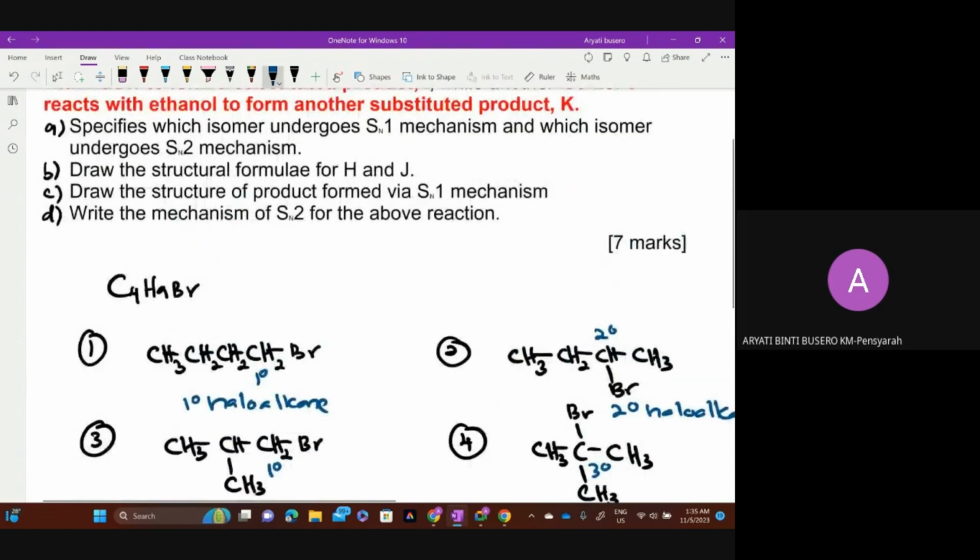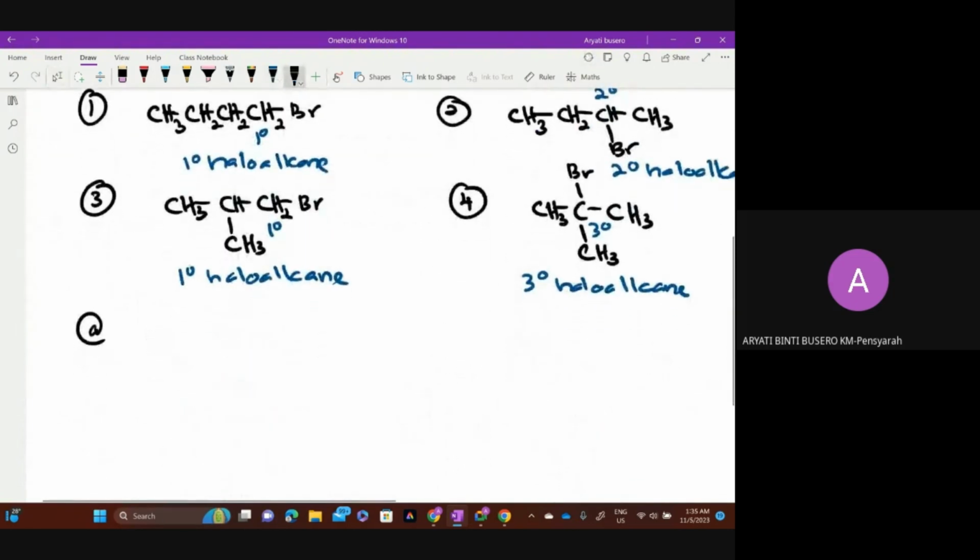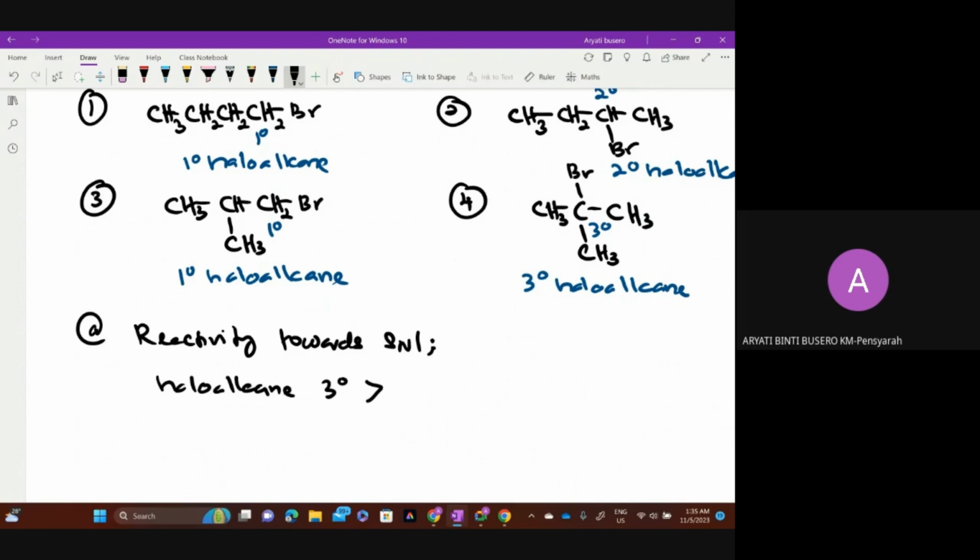Okay, for the first question, specify which isomer undergo SN1 mechanism. So kita tahu reactivity towards SN1 mechanism, the most reactive is tertiary haloalkane compared to secondary, compared to primary, compared to methyl haloalkane.